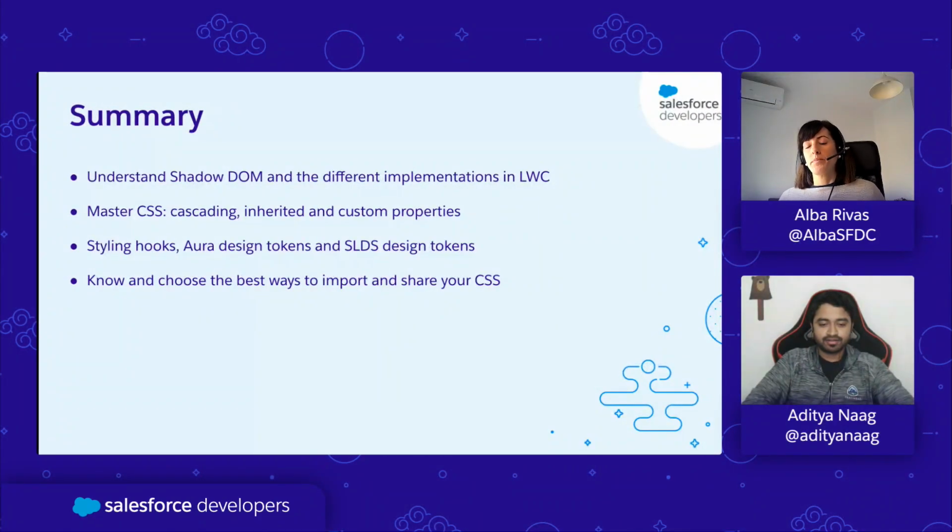Okay. So, we have seen today what Shadow DOM is, the different implementations of Shadow DOM that we have in Lightning Web Components, and how important it is to understand that, because that is going to be the key to understanding how CSS cascading and CSS inheritance is going to apply to your components, but also how Lightning Design System global styles and styles loaded with load style from the platform resource loader module are going to be globally scoped to your page, in contrast to those CSS styles that you define in your component file or that you import using a CSS module.